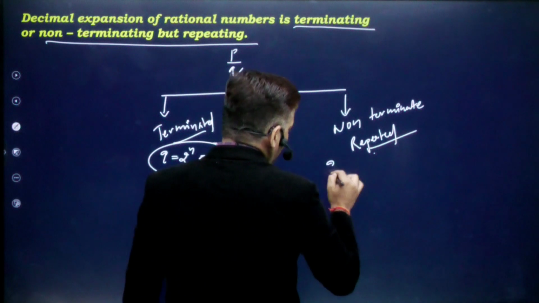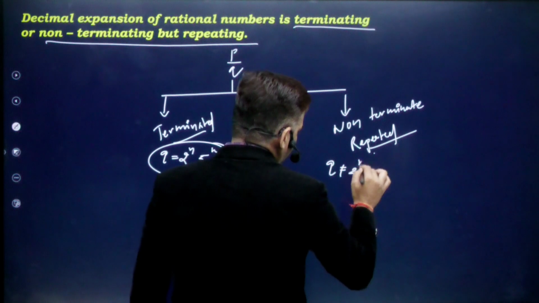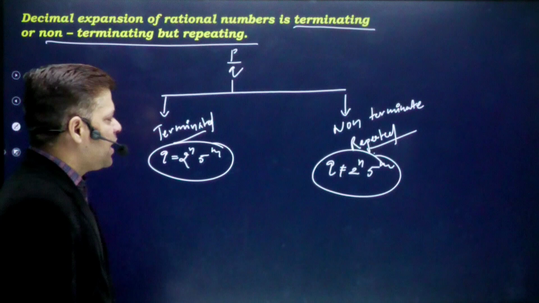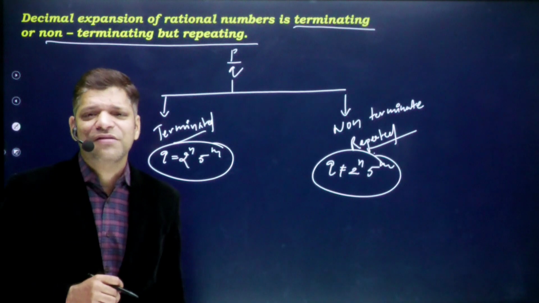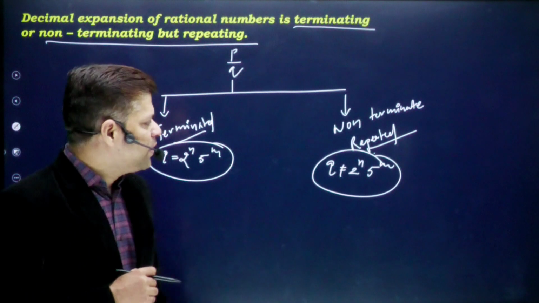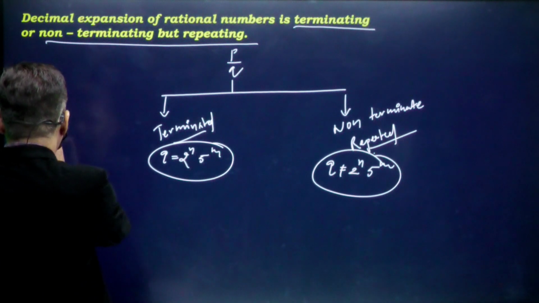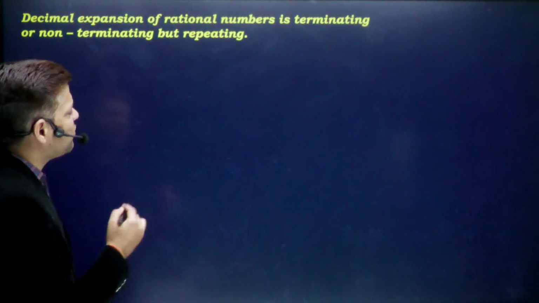If q is not in the form of 2 raised to the power n, 5 raised to the power m, then the decimal expansion is non-terminating and repeating. Here we discuss this by taking some examples.